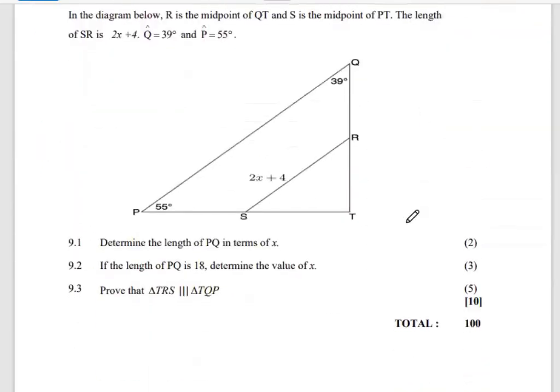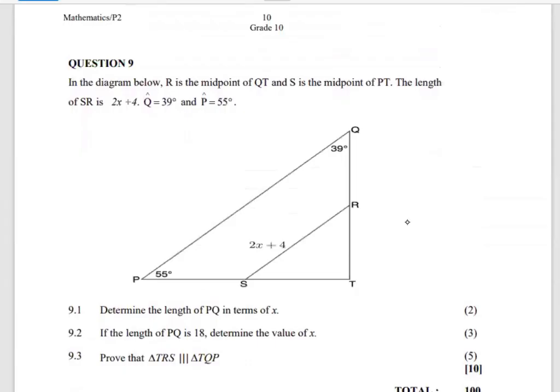All right, question number 9. In the diagram below, R is the midpoint of QT, and S is the midpoint of PT. The length of SR is given as 2x plus 4. Q is 39, and then this is 55. Determine the length of PQ. Determine the length of PQ in terms of what?